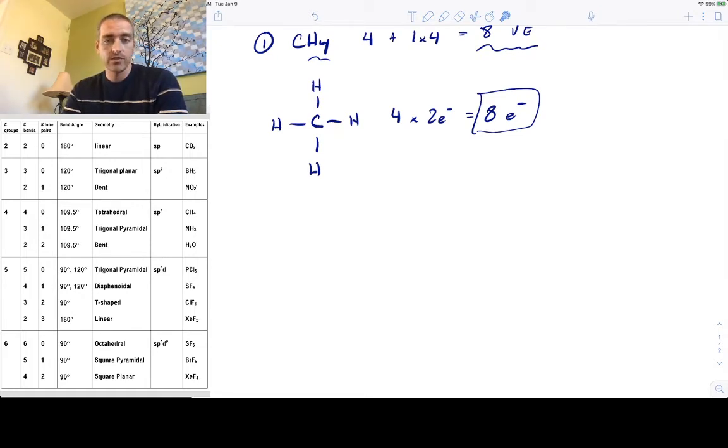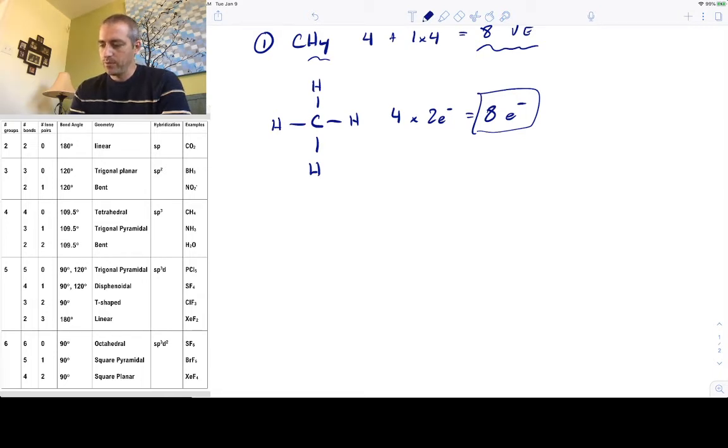So there are 8 electrons around the carbon. So it has an octet, it's happy. The hydrogens only need 2 electrons each to fill their outer shell, because they're in the first row of the periodic table. And they all have 2 electrons because they all have 1 bond as well. So everything has a full outer shell, so that means our structure should be good.